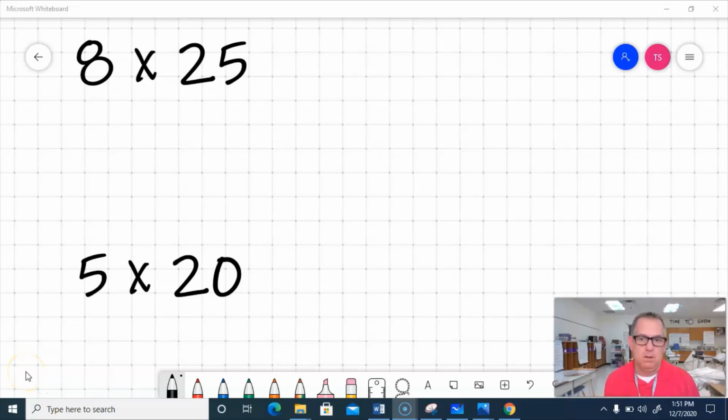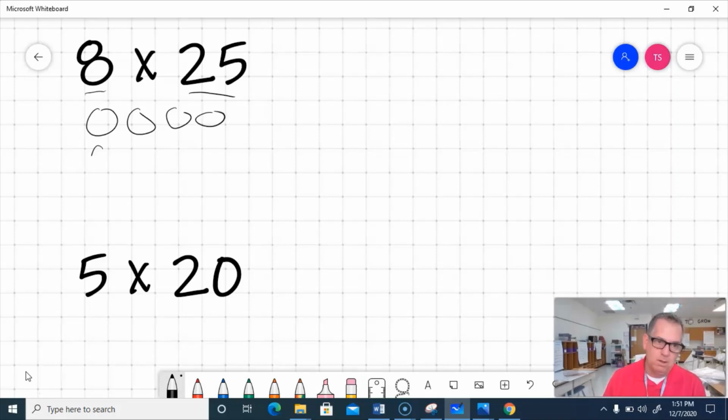Okay, we're going to look at a couple problems here and we kind of associate this multiplication problem to money. So for 8 times 25, if I think of 25 as a quarter, and think about 8 quarters, I would look at 1, 2, 3, 4 quarters is $1. So 4 more would be $2. So 8 times 25 would equal 200.